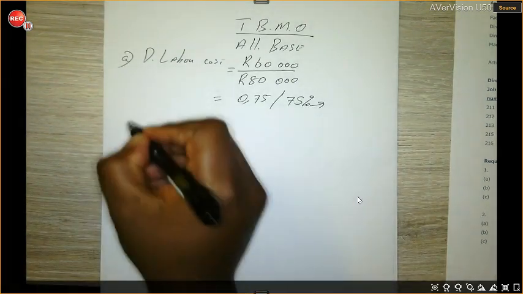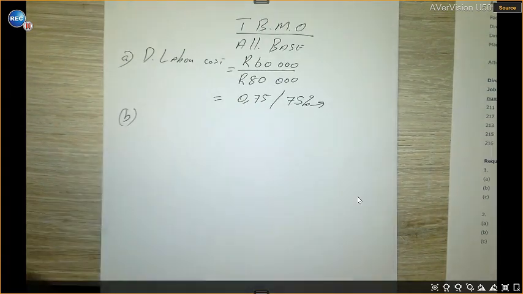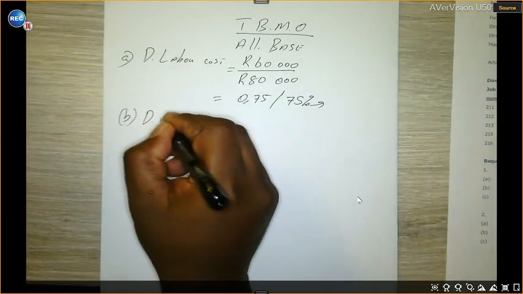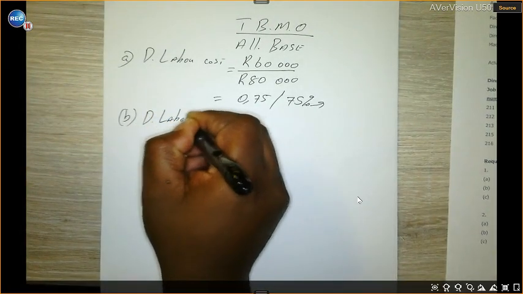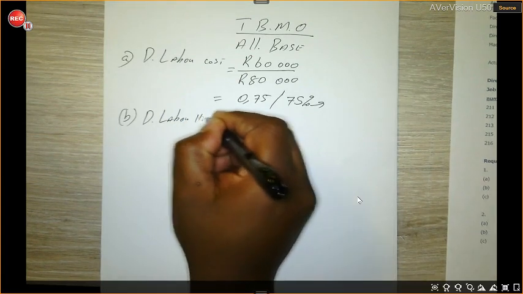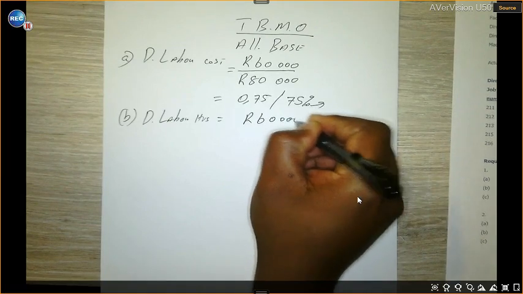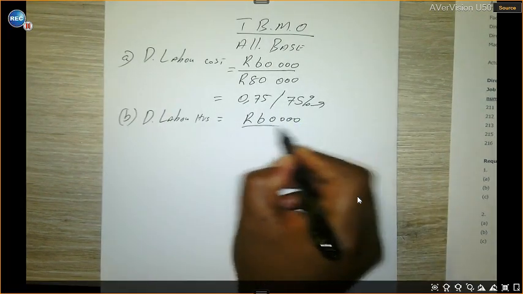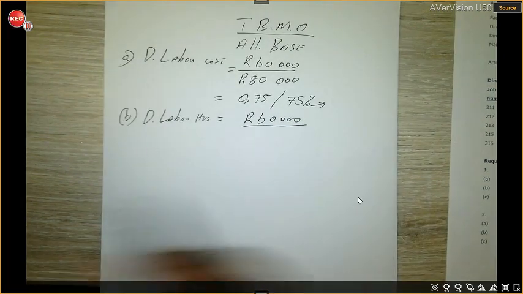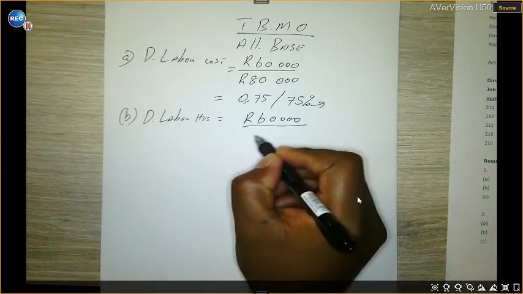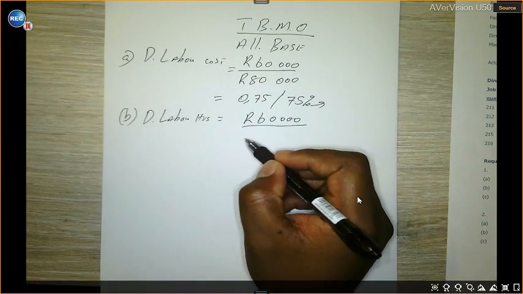Now looking at B. We're using direct labor hours now. There is no change when it comes to the total budgeted manufacturing overheads, because that's the total amount. The only change that you are going to have is when it comes to your base.